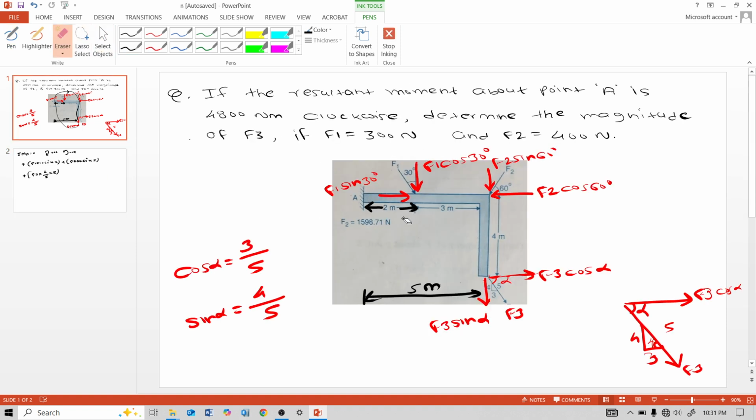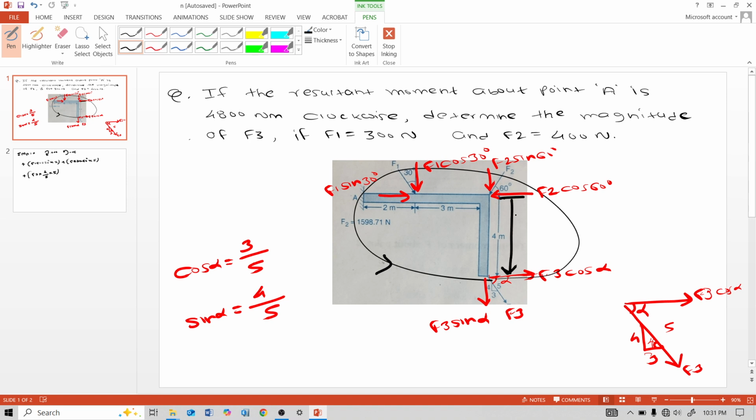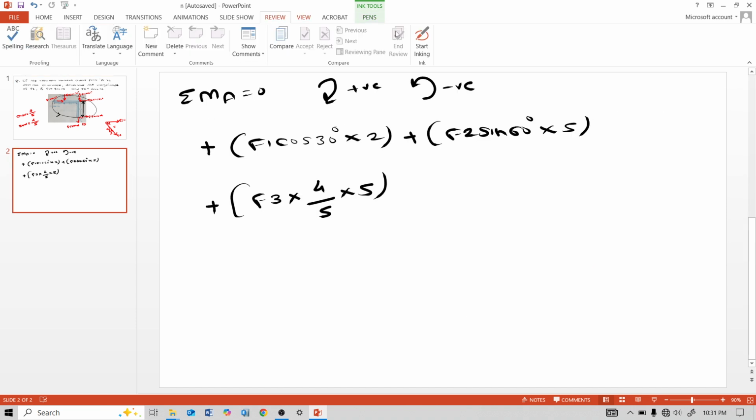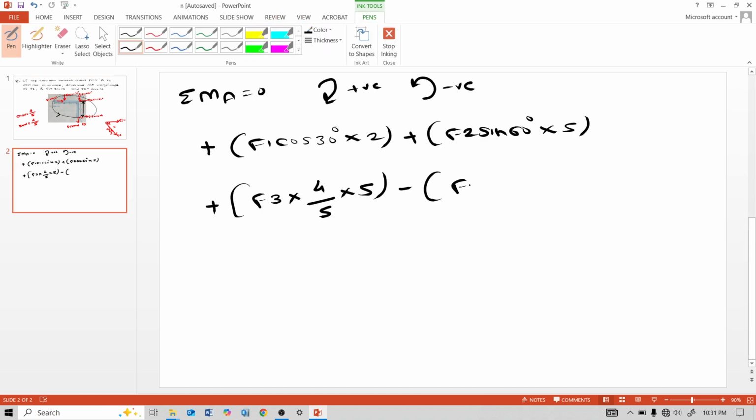Now the next force is F3 cos alpha. F3 cos alpha is making anti-clockwise rotation about that point. Anti-clockwise means minus, and the perpendicular distance between point A and that force is 4 meters. So minus F3 cos alpha into 4. And cos alpha is nothing but 3 by 5.